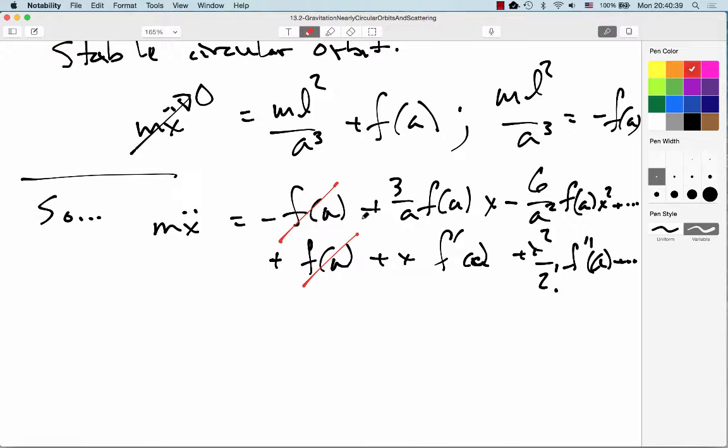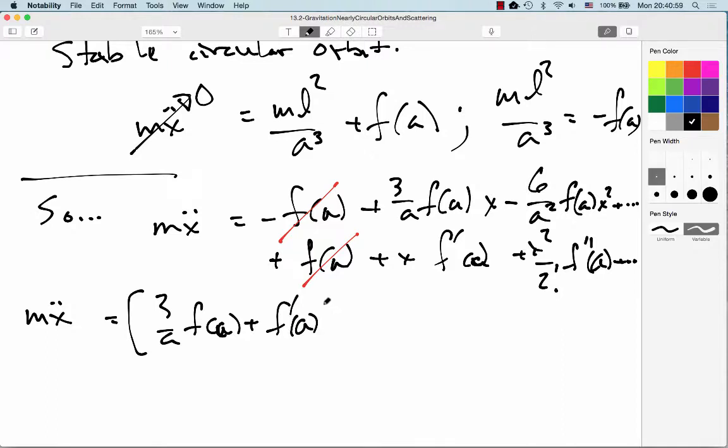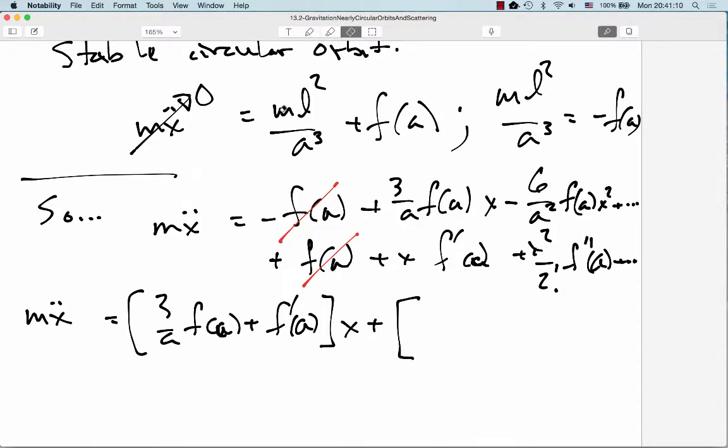All right, so we'll now group powers of x. So we'll have m x double dot equals 3 over a F of a plus F prime evaluated at a, x plus, actually, I'm going to rewrite this all as something equals 0.